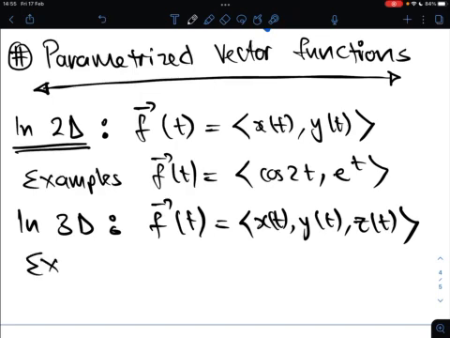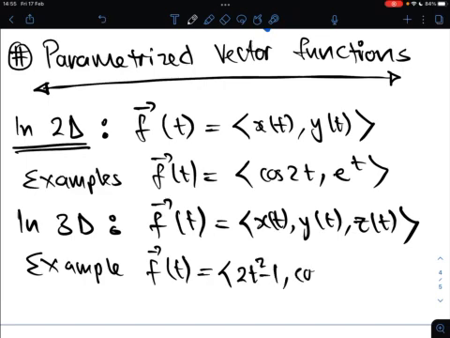An example of such a vector function is f(t) equals (2t squared minus 1, cos 2t, root of t minus 2). So all these are what are known as parameterized vector functions: a vector function which depends only on a single parameter t. You see that?